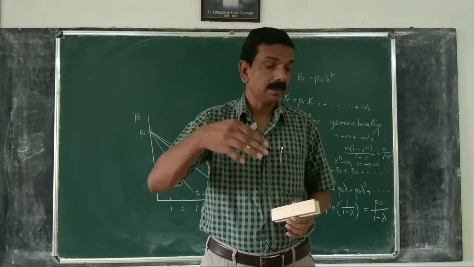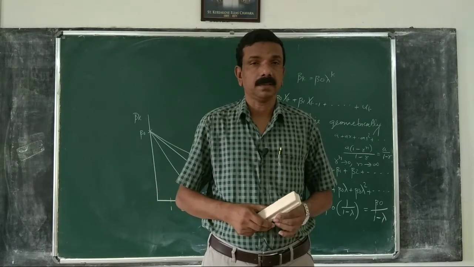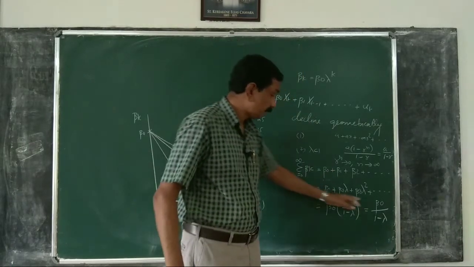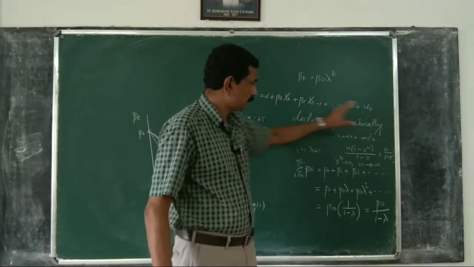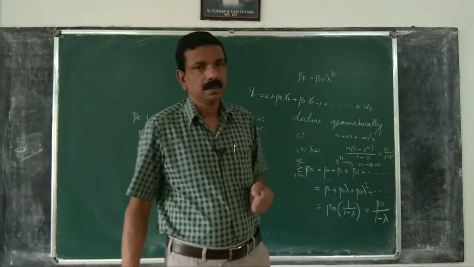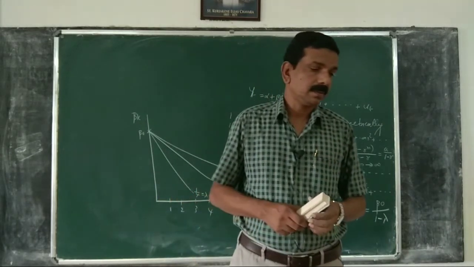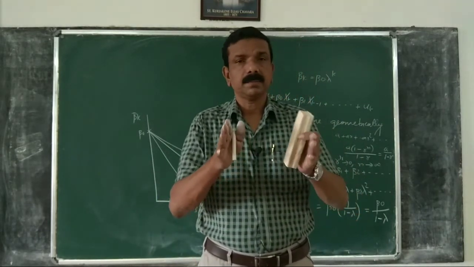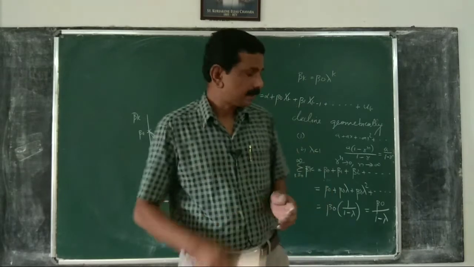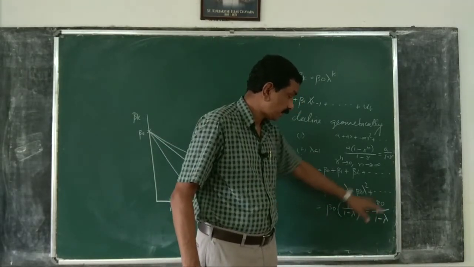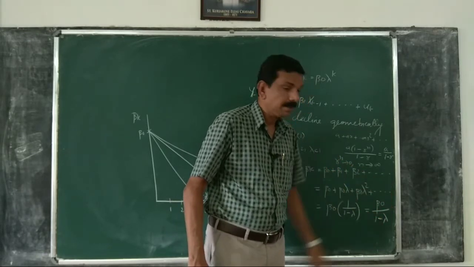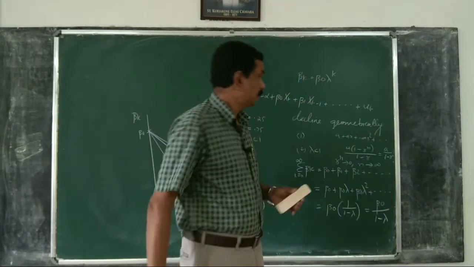In all the situations which we will discuss, the value of beta 0 will be known, and the value of lambda will also be known, so that we can calculate the long run multiplier, which is given as beta 0 by 1 minus lambda.